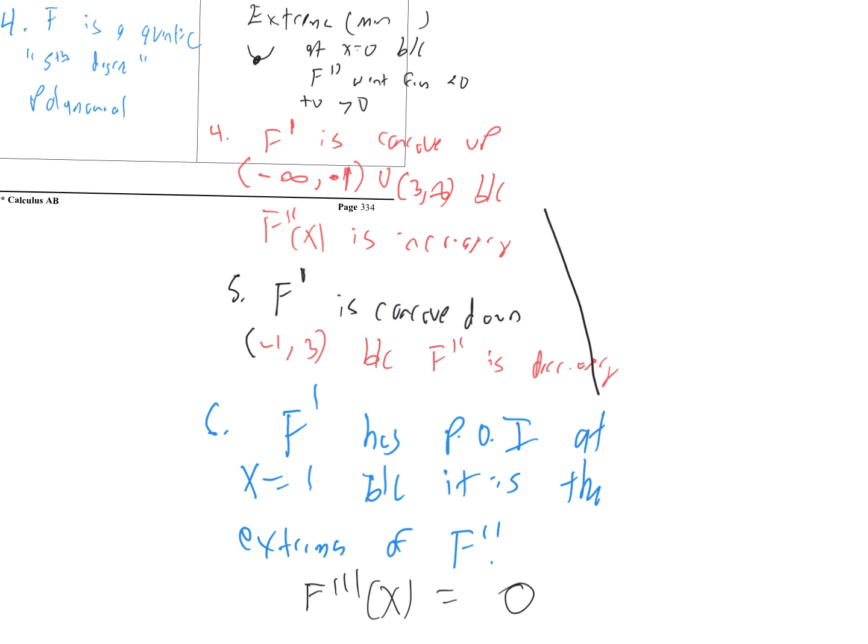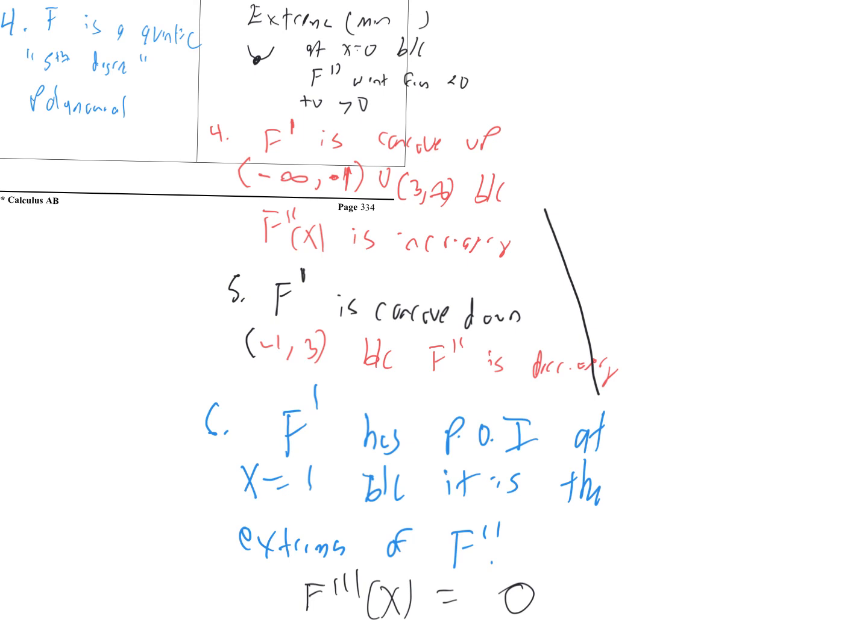The jerk. I didn't think I was going to talk about the jerk. I just did. So the third derivative would be 0. The third derivative, I didn't even pay attention to this one. The third derivative would be 0 there as well. I have to extend that.